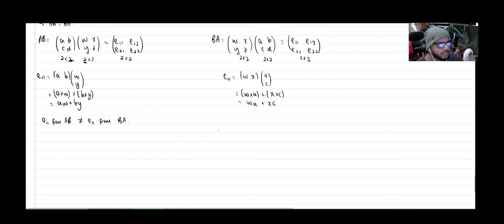So this is a law, and the law says that matrix multiplication is not commutative. With the exception of the identity matrix, of course.